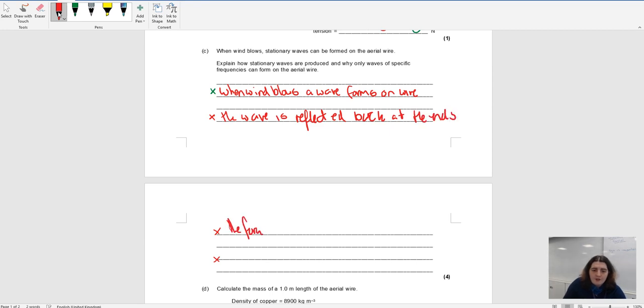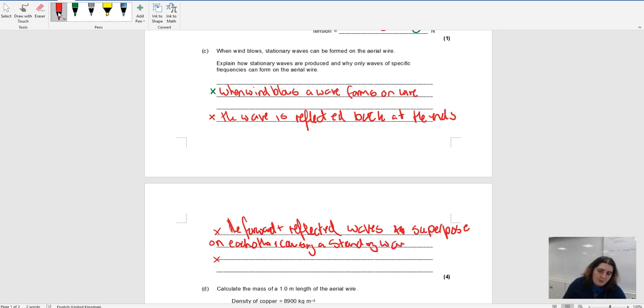The forward and reflected waves superpose on each other, causing a standing wave. So what I'm explaining here is that when the wind blows, a wave forms on the wire. The wave is reflected back at the ends, and it's this idea of the forward and reflected waves superposing on each other, causing a standing wave.